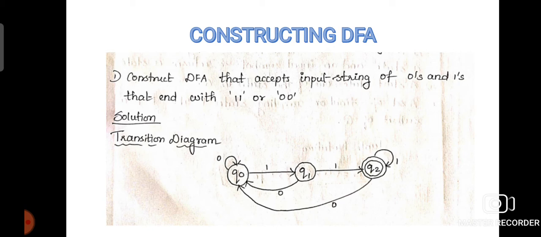We initially put the states Q0, Q1, Q2. Q0 is our starting state and Q2 is our final state, so Q2 is put inside a double lined circle. Then we can connect the states. When we connect Q0, Q1 and Q2, we have 2 edges.